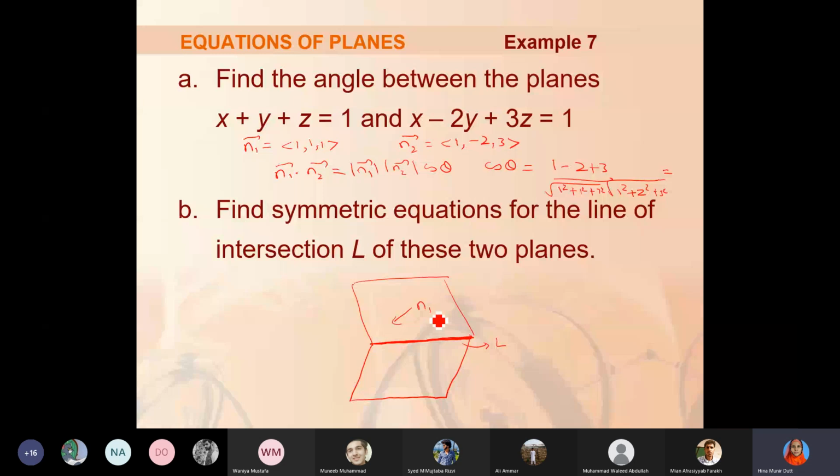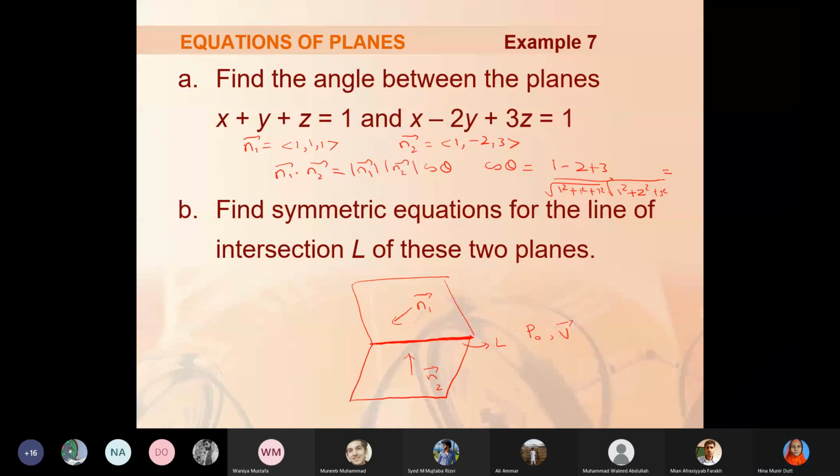This is the normal vector to the first plane, and this is the normal vector to the second plane, N2. To find the line of intersection of the planes, we need a point and we need a vector to which the line is parallel. How to find the vector V which is parallel to the line L? The line L is lying on both the planes N1 and N2.